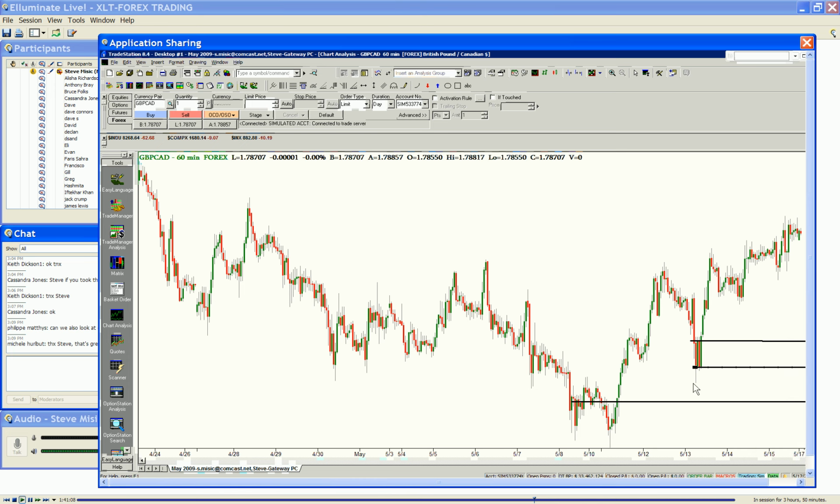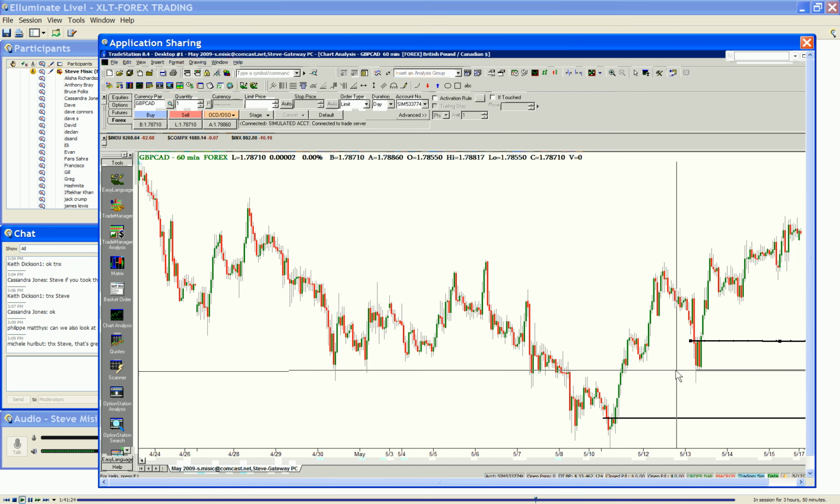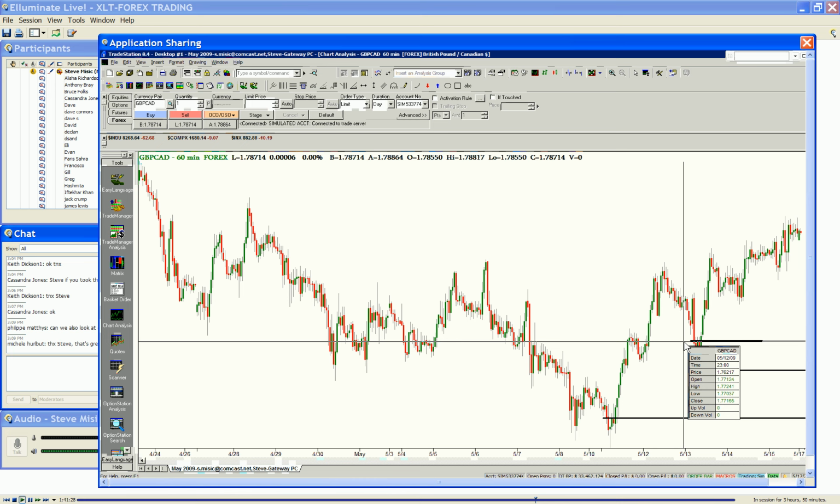But that big wick down there, if I wanted to consider that wick as part of my base, that would increase my risk to here, and that's big risk. So if I want to ignore that and just use the origin of this move here with a stop loss below here, that's still pretty big as far as risk goes, from 75.57 to 76.20. That's a 50 pip stop loss.